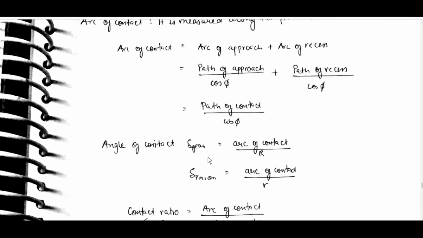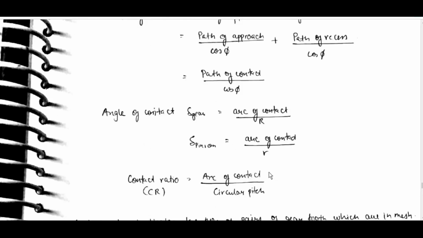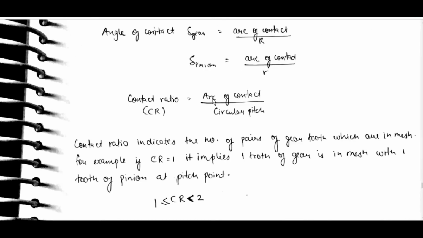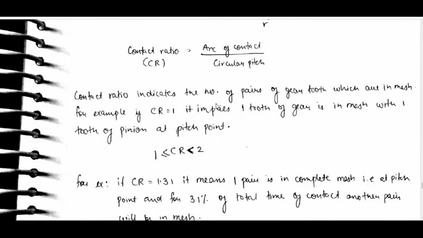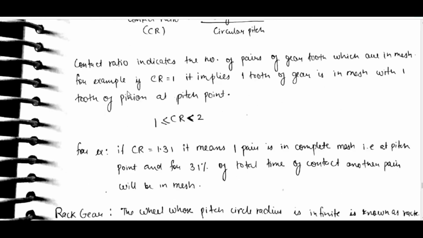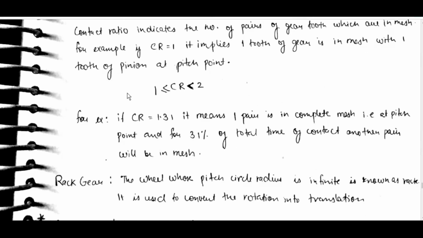Angle of contact delta gear is equal to arc of contact by capital R. Delta pinion is equal to arc of contact by small r. Contact ratio is equal to arc of contact by circular pitch. Contact ratio indicates the number of pairs of gear teeth which are in mesh.